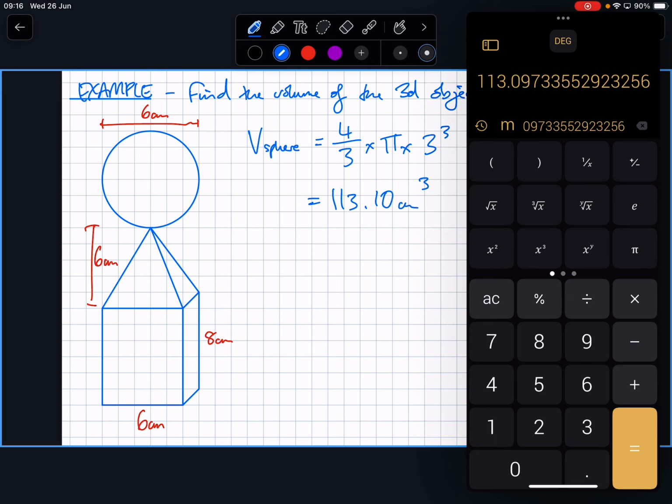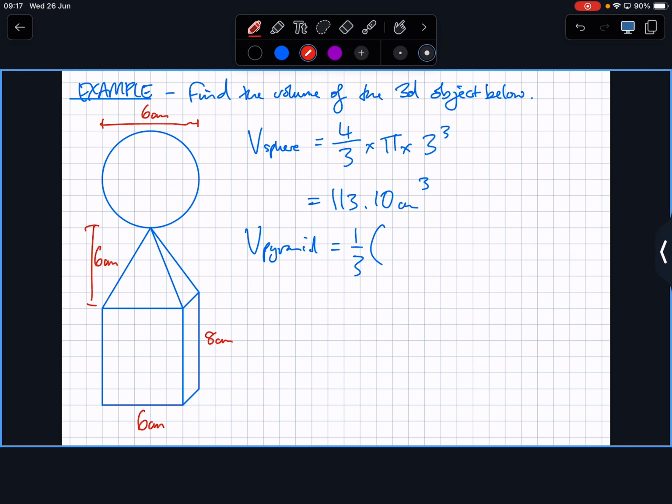This is a pyramid here. We're assuming that it's square based. So volume of pyramid is 1/3 times by the area of the base. If we're assuming that it's joined here properly and everything, what would the area of the base be? What numbers would I times together to find the area of that square base? Not quite 8. Yeah, what you're saying is spot on. I haven't told you how long this is. I'm assuming it's 6, so thank you.